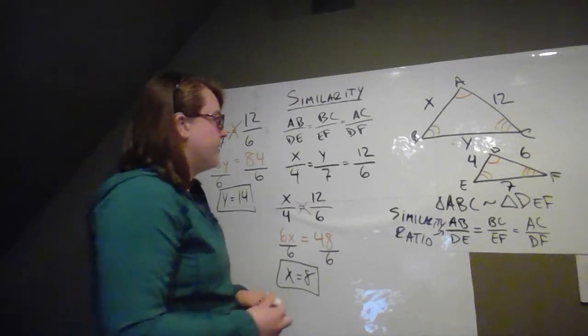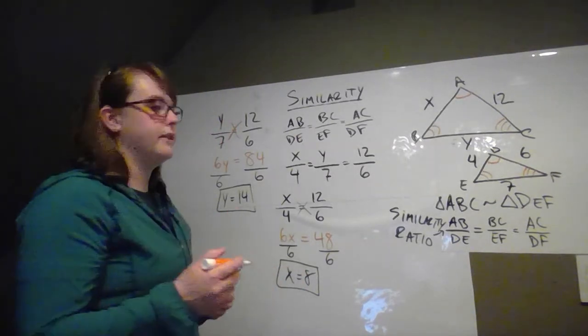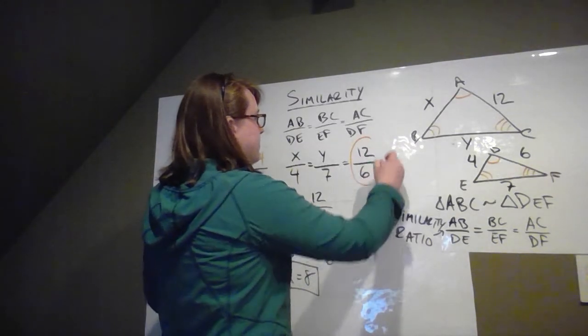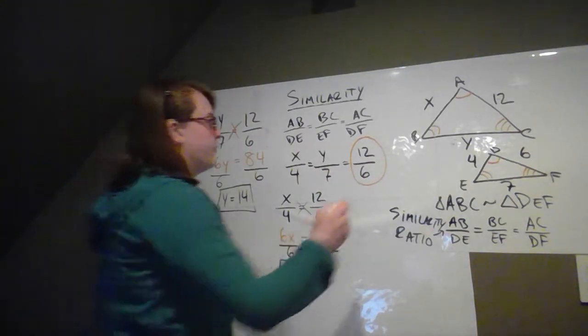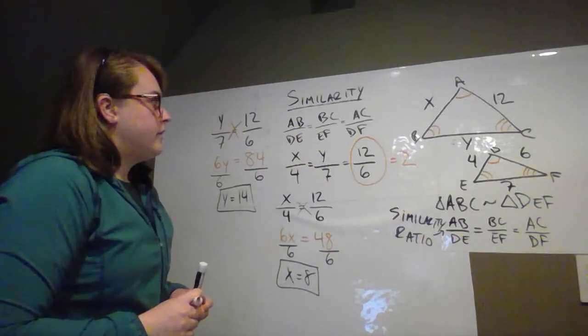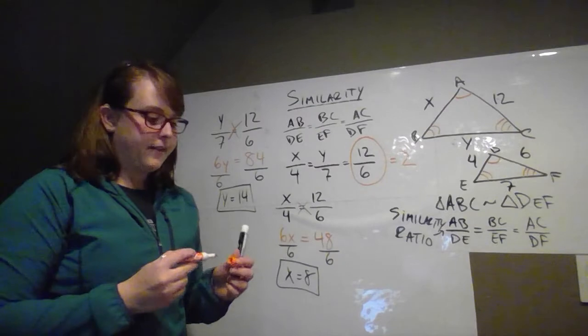So the similarity ratio you can find by taking the one that doesn't have any variables in it. So this is my similarity ratio. And I would want to reduce that. That reduces to 2. So I could have also set these equal to 2 if you get a nice similarity ratio like that.